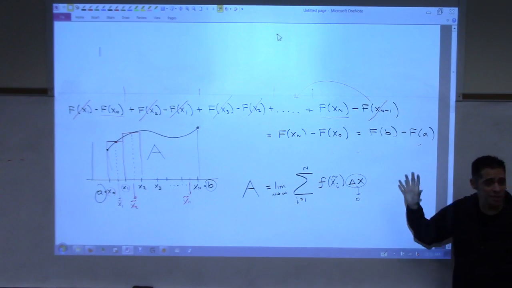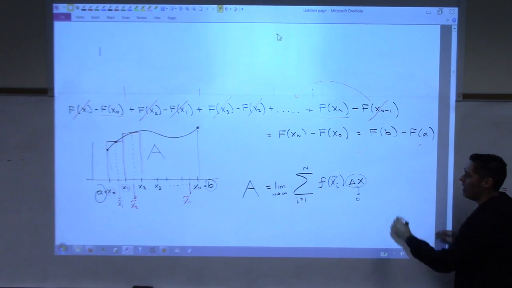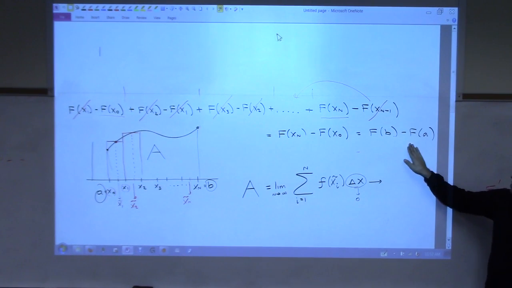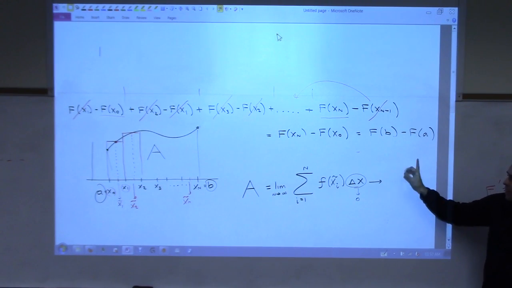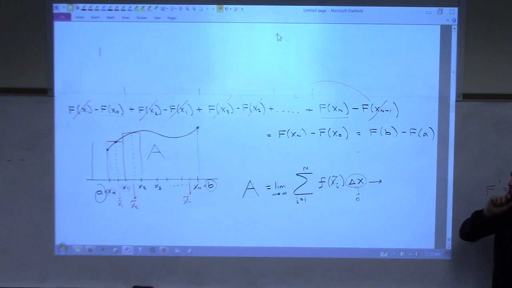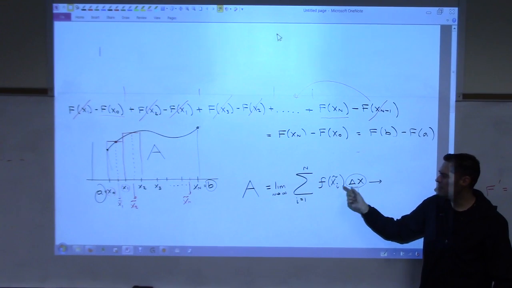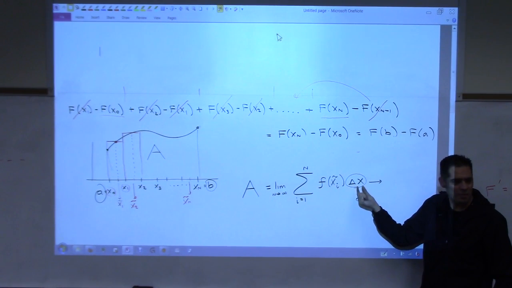And what happens when you take this limit is you get this f of b minus f of a. This thing works, and so we have a notation for it. This is a sum, right? This is a function. This is a little tiny x.